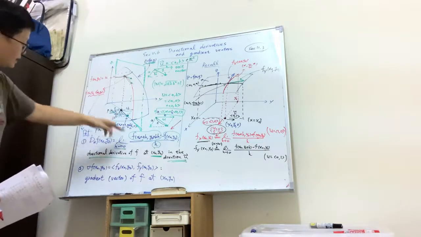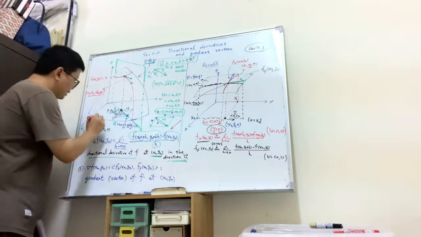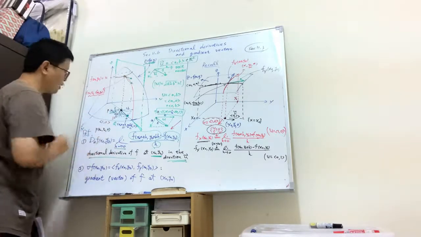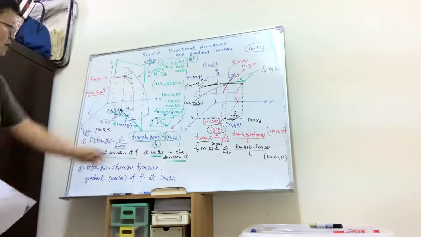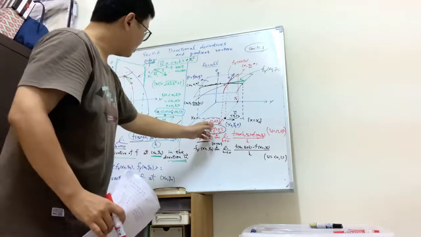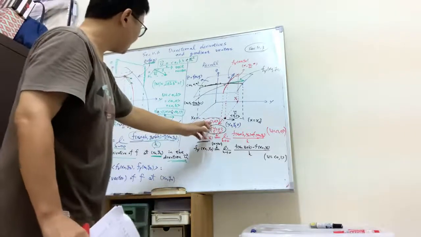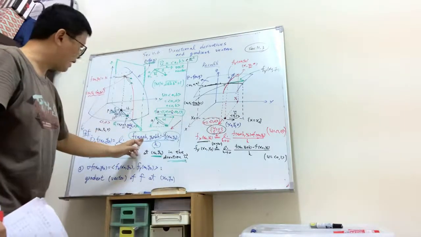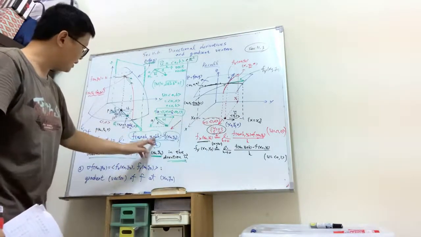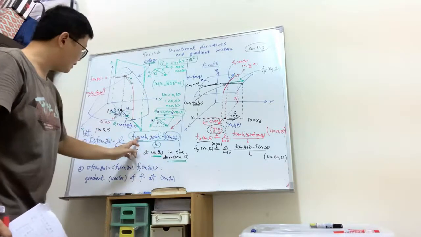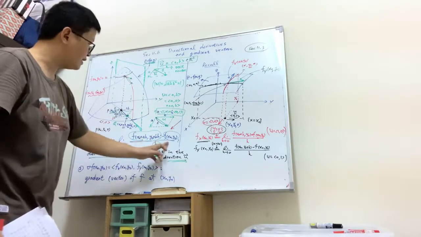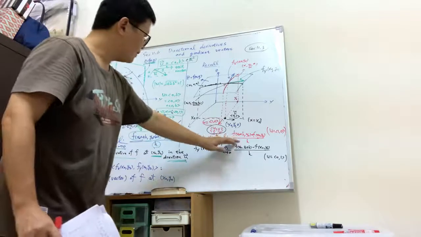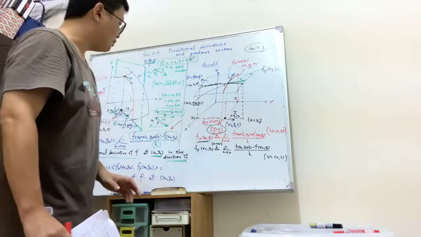So in its definition, we just consider the vector 1, 0. If the unit vector we choose is 1, 0, then in the definition a is 1, b is 0. So here is y0, here is x0 plus h, here is x0, and it's exactly the partial derivative with respect to x.